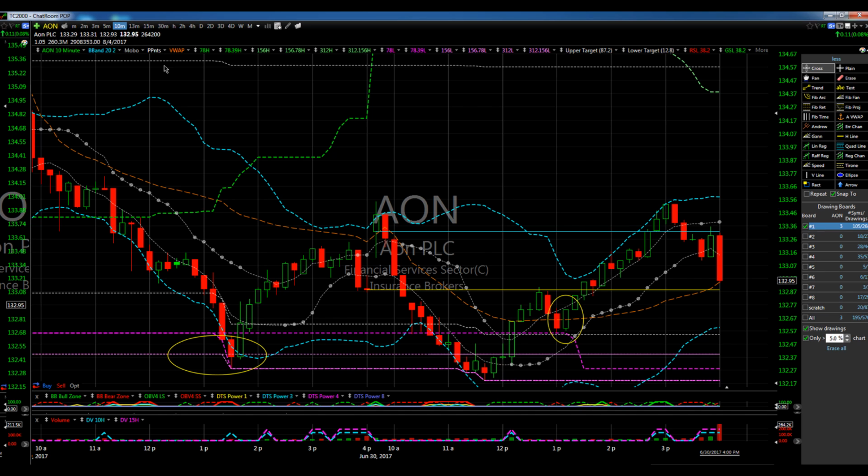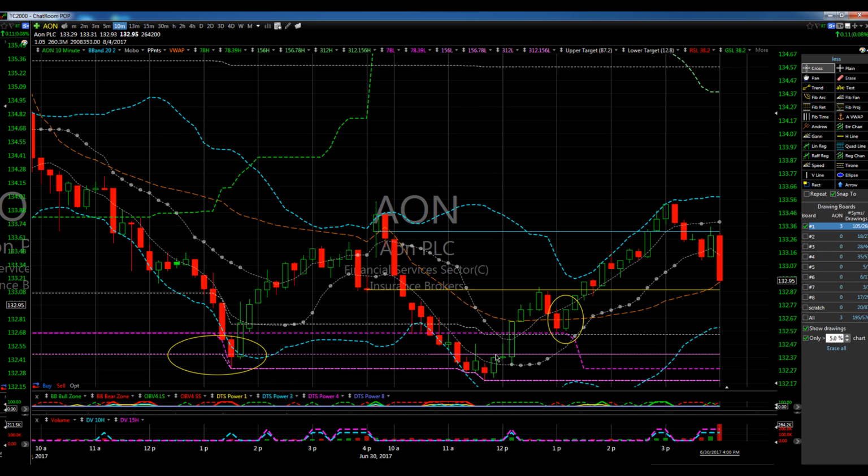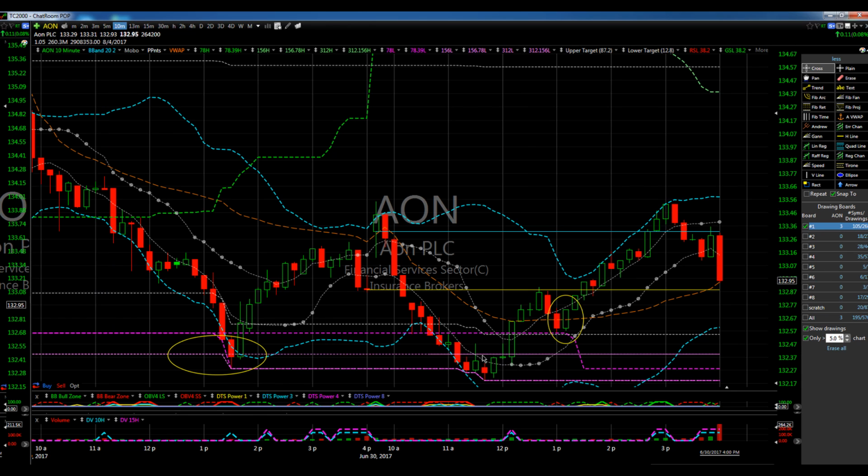it can't close above it. You go down on a 5-minute chart, and our level here is at 132.39. For the traders in our room that don't have their chart set up like this, I try to give the levels out when I'm talking about a chart and stock and where it is.